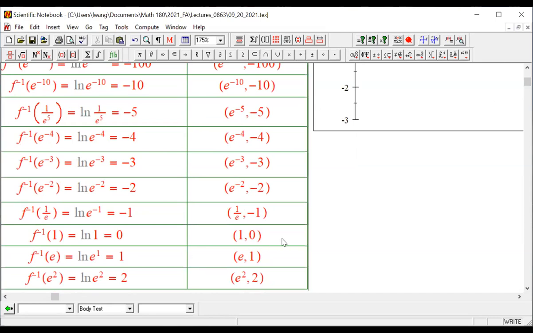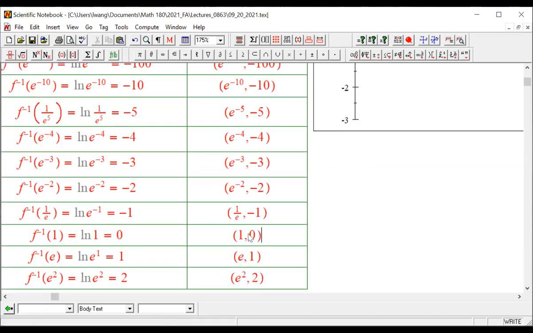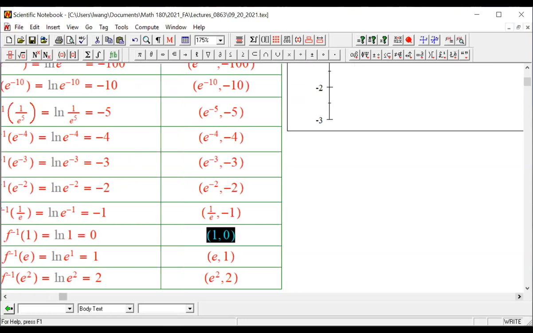So let's start with something simple. Which one is the simplest point in your eyes? Someone said something I didn't quite hear. 1, 0, right? Yes, to me too. You see, great minds think alike. 1, 0. We start with something simple.